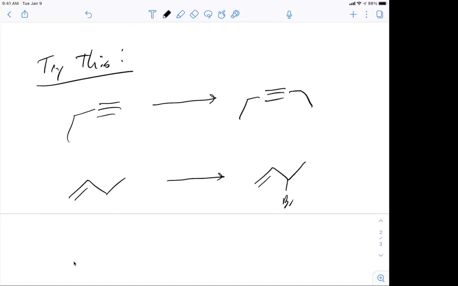Okay, in this first one, we are changing our carbons. So over here, we have 6 carbons. Over here, we have 4 carbons. So we are adding 2 carbons to this. This is a terminal alkyne, so we can turn this into an acetylide by adding sodium amide.